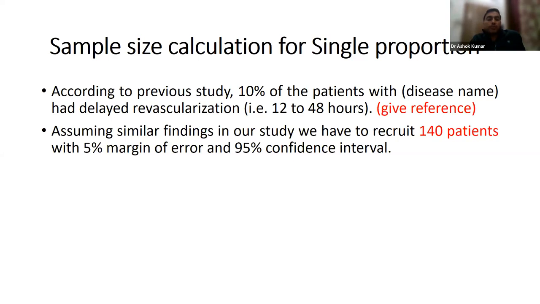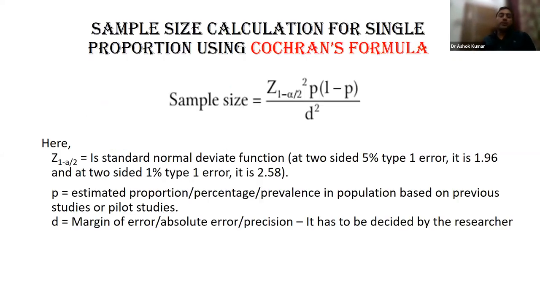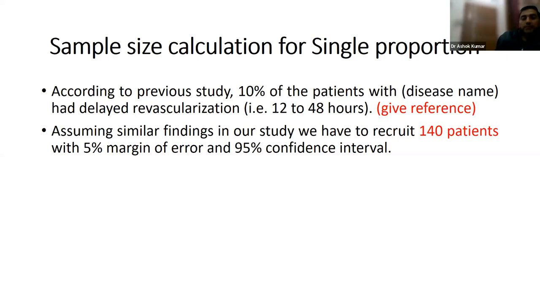So what is 5% margin of error? In this formula, what is margin of error? D is the margin of error or absolute error or precision. That is D, okay? And what is 95% confidence interval? Alpha is 5%, type 1 error is 5%, so confidence interval is 95%.